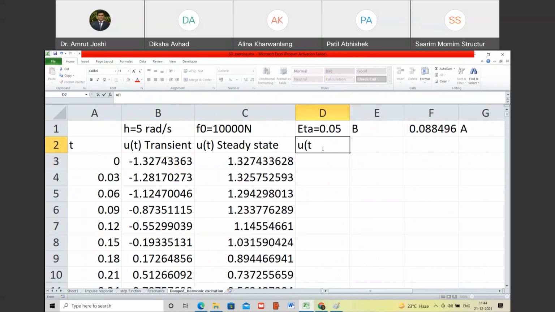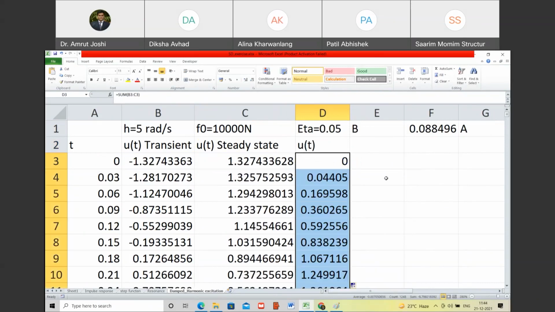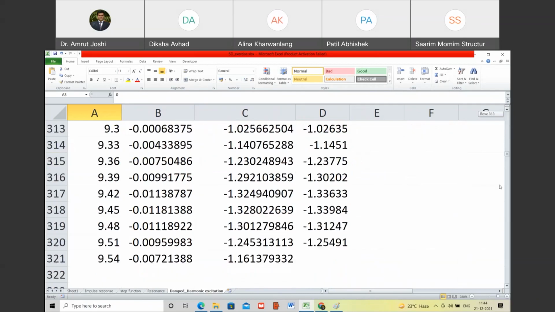U of t is equal to the sum of these three, sum plot. Are you with me? What was the initial condition? U of t is 0 at time t equal to 0. That has turned out to be 0. So that's correct. So now we will plot this. Let us plot this.